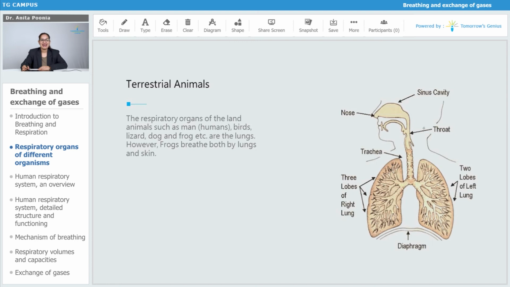Let's take a look and understand the different parts here. You could see the nose, the sinus cavity, the throat, the trachea, two lobes of the left lung, three lobes of the right lung, and this is the diaphragm. The diaphragm moves up and down during inhalation and exhalation, which you had seen in the previous slides also.